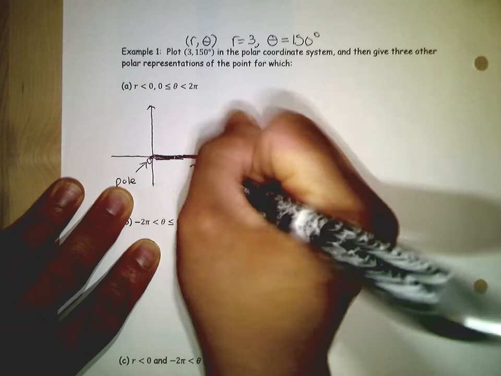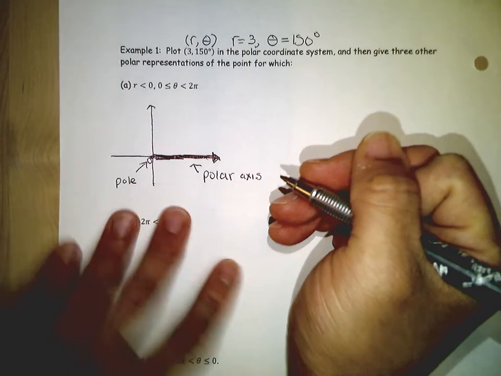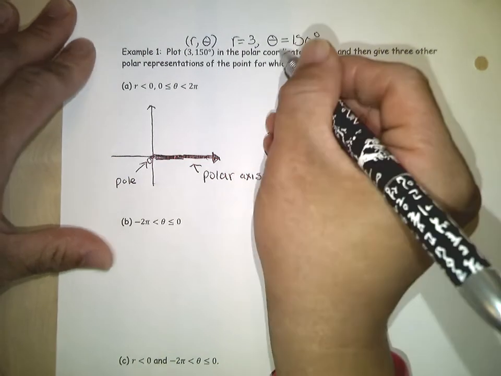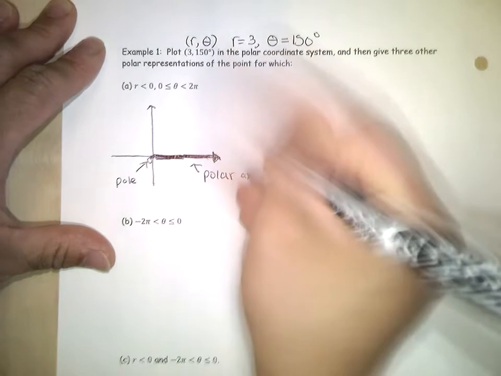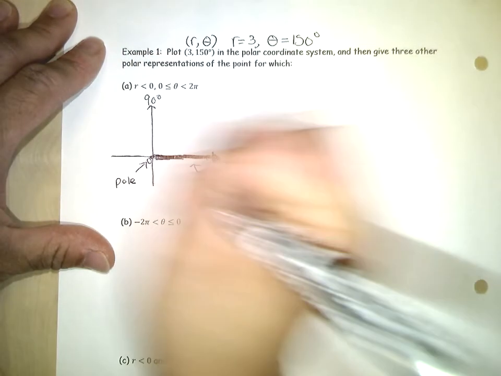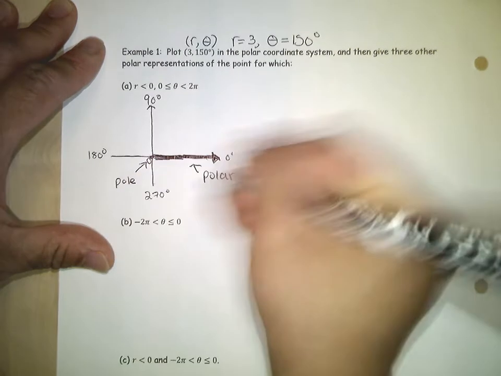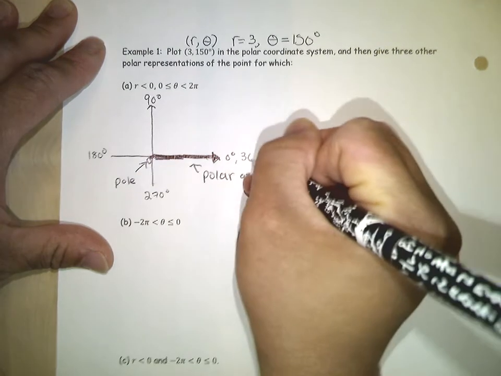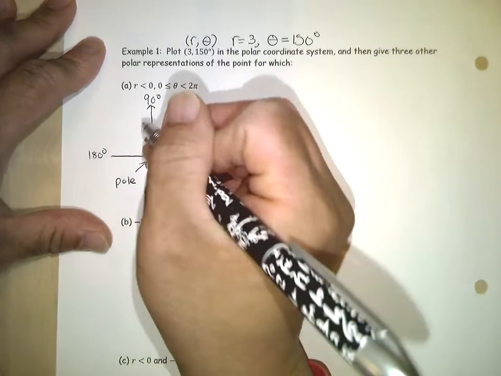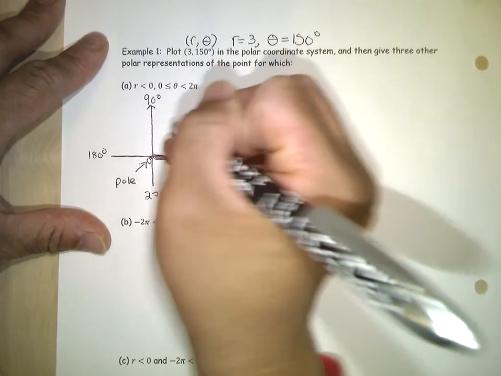And we know that theta is 150 degrees. So this is 0 degrees, 90 degrees, 180 degrees, 270 degrees, and then all the way back around we get to 360 degrees. So we want 150 degrees, and then we want the radius, or r, to be 3.